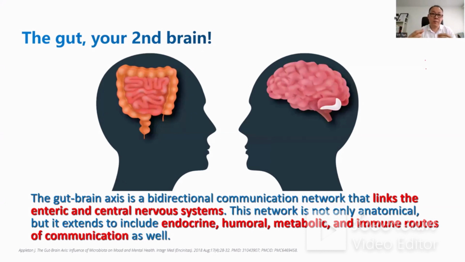The gut does not need to wait for the signal or the decision from your brain. They can do digestion, movement, absorption and excretion automatically. We call it a second brain because it has a lot of neurons, but these neurons are not for thinking. They are for communicating with your main brain.